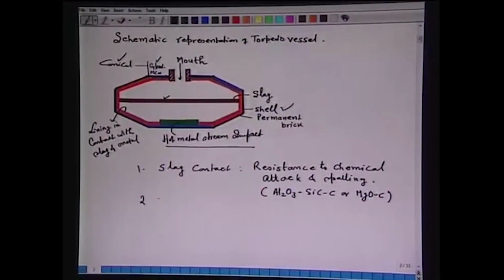Another critical area is the impact zone, or the hot metal stream impact zone, that is, this particular area where the stream falls.